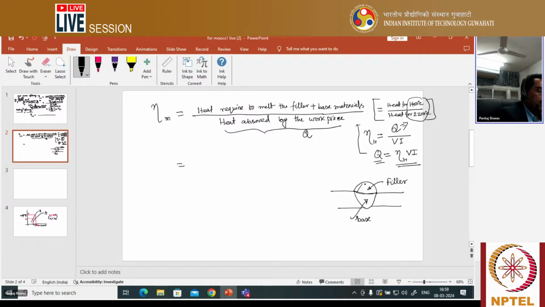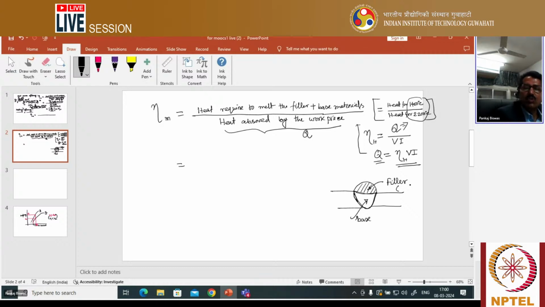Let us consider this hashed line I am representing as the filler wire. This total cross-sectional fusion zone you can get by optical microscope itself, and the total cross-sectional area you can also easily calculate with the help of optical microscopes or high resolution cameras.